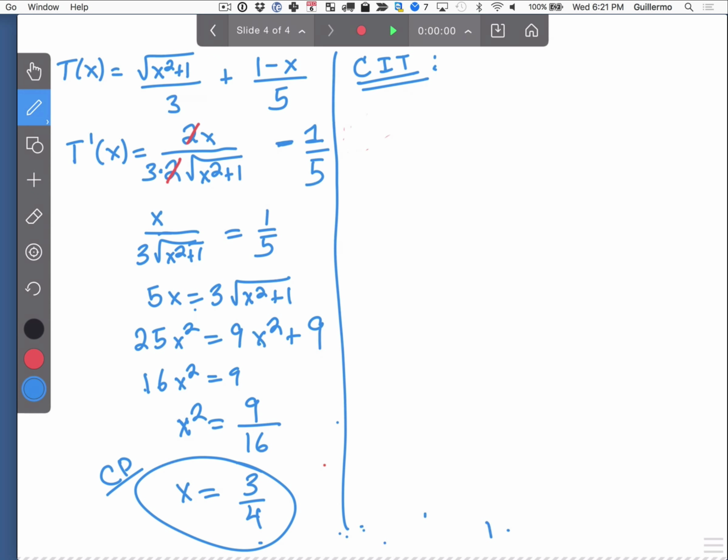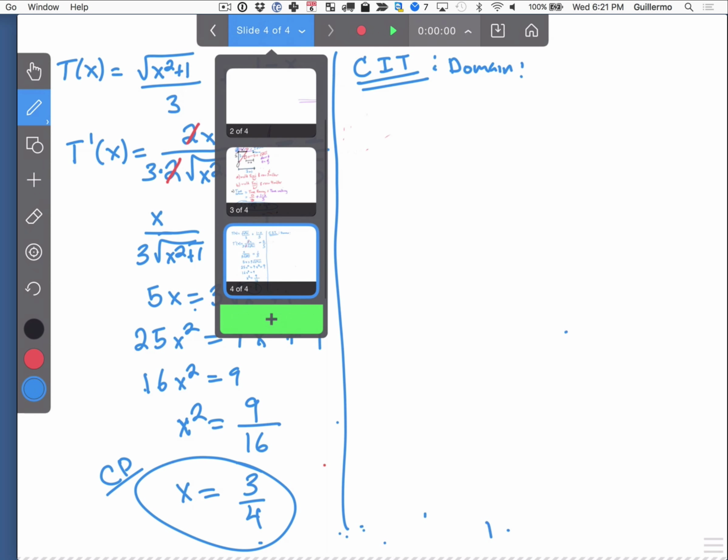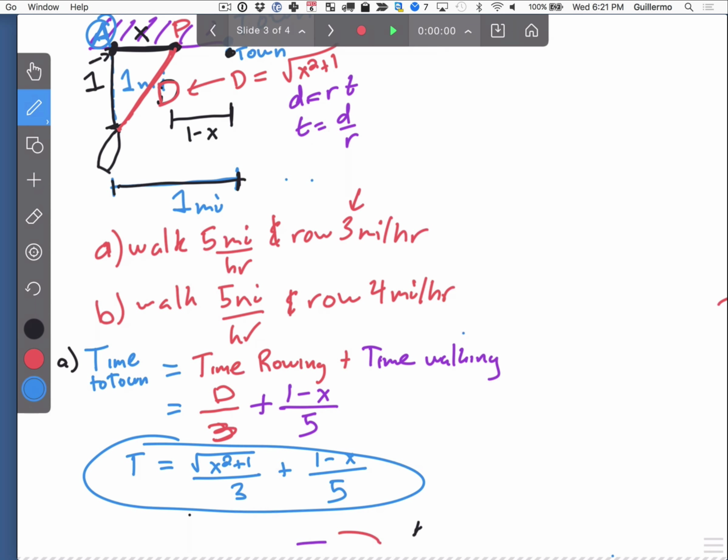So if I take a look at my domain here, what's the smallest x can possibly be? Real close to 0. Doesn't the domain start exactly at 0? Because what would it mean for x to equal 0?